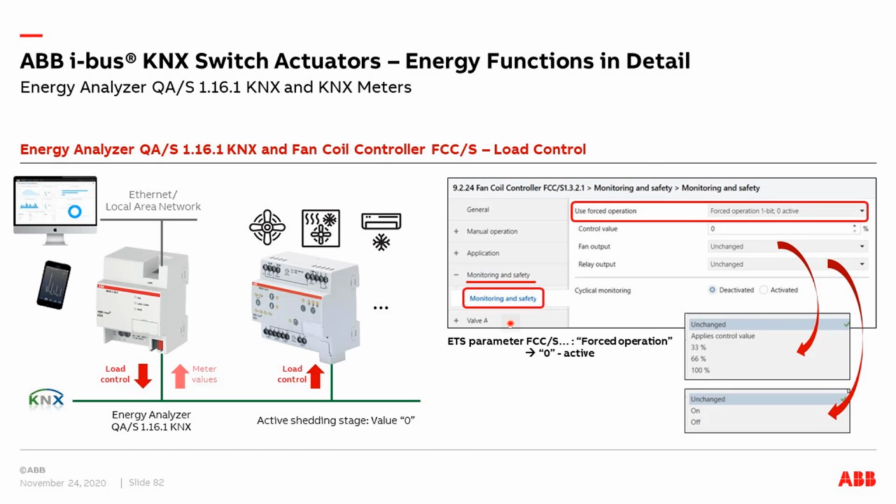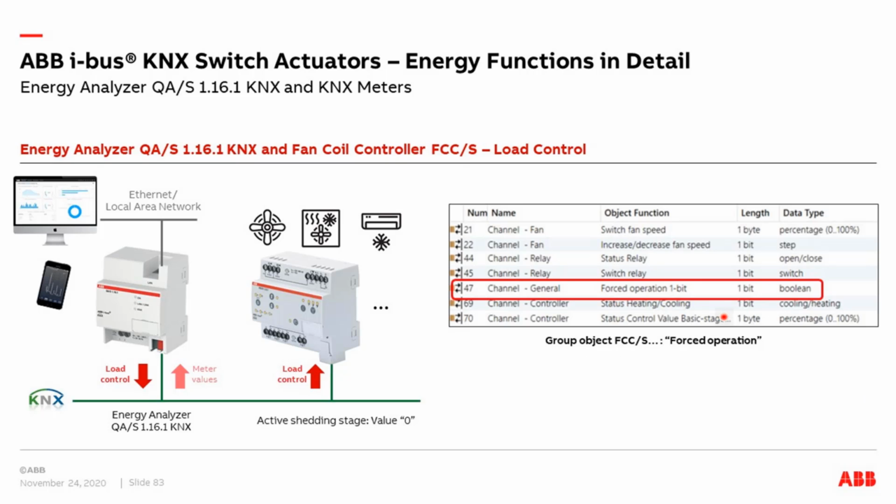So, and via this 1-bit, we can also control other devices like fan coil controller or split unit gateways, because these devices also have in the menu monitoring and safety the forced operation, like our switch actuator. But here again, 0 active, and then we can also enter the parameters, what should happen if the forced operation is now triggered by the shedding stage: off, on, or here default control value.